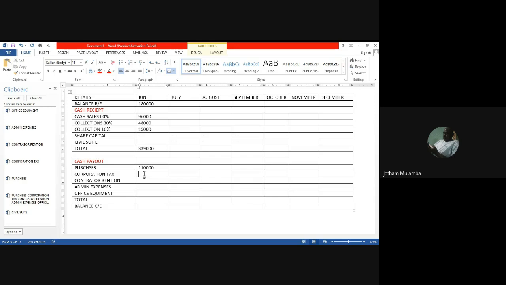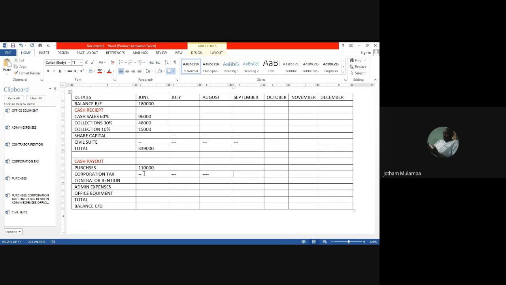Now we go to corporation tax. Somebody to read for us additional information on corporation tax. Corporation tax for 2015 amounting to 20,000 will be paid on 30th September 2016. So in that case, we come to where there is corporation tax, and we close for July and August.